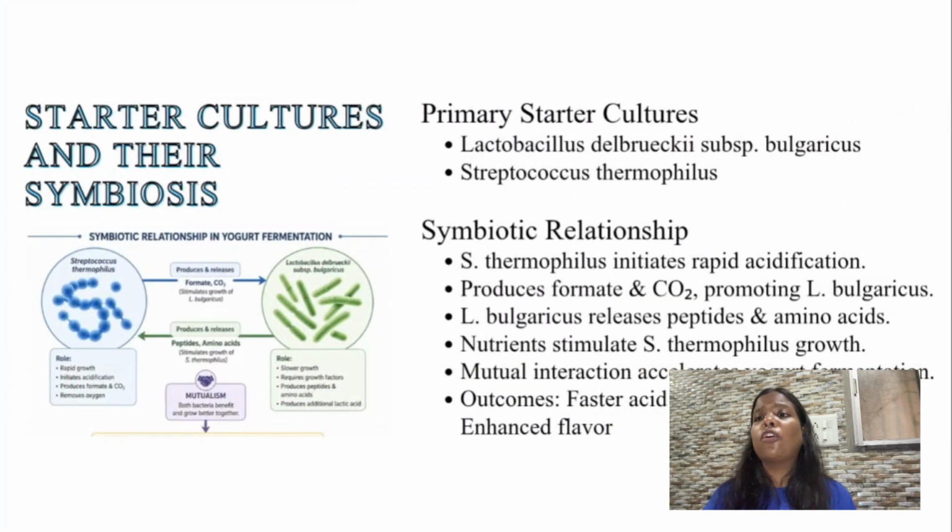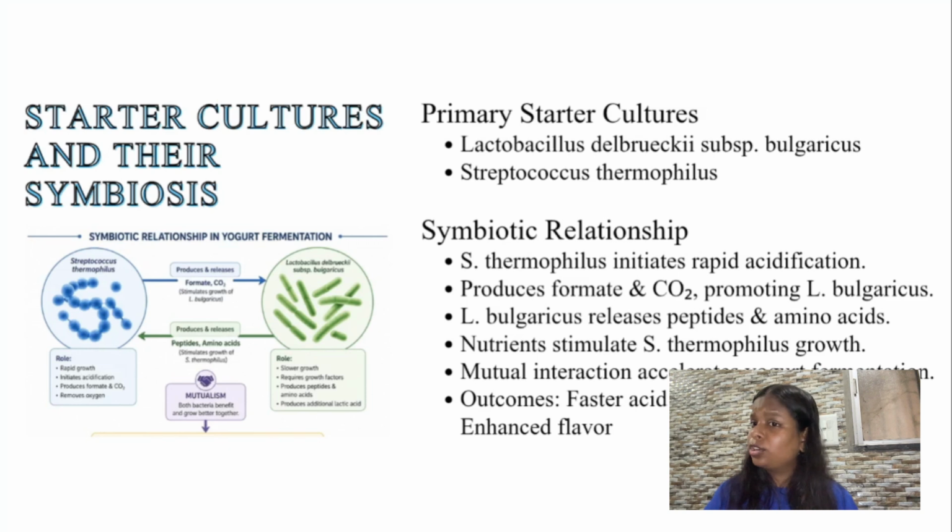Starter cultures and their symbiosis. The production of yogurt mainly depends on two lactic acid bacteria. These bacteria exhibit a remarkable symbiotic relationship, meaning they help each other grow. Initially, Streptococcus thermophilus grows rapidly and begins producing lactic acid, along with compounds such as formate and carbon dioxide that stimulate the growth of Lactobacillus.